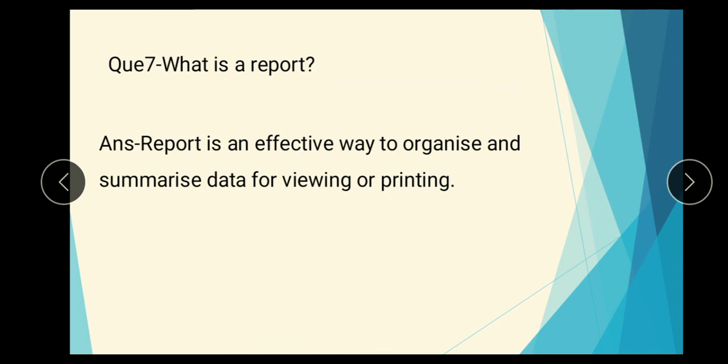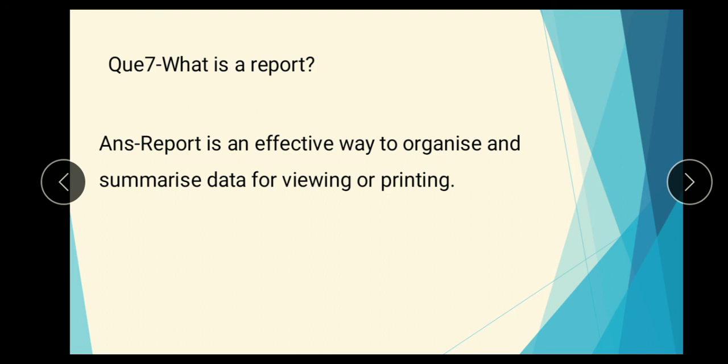Question number 7. What is a report? A report is an effective way to organize and summarize data for viewing or printing. Just like your mark sheet is an effective way of organizing data.